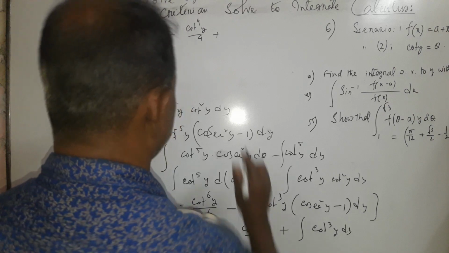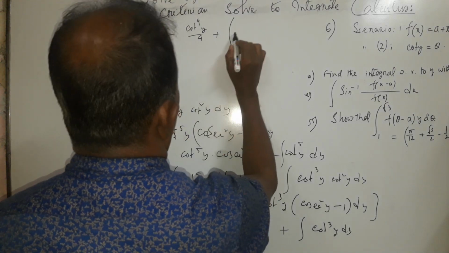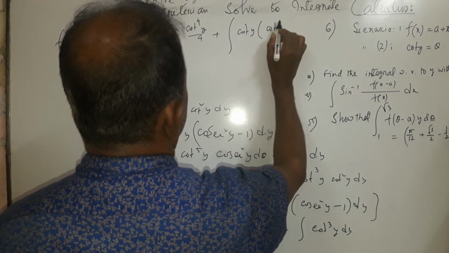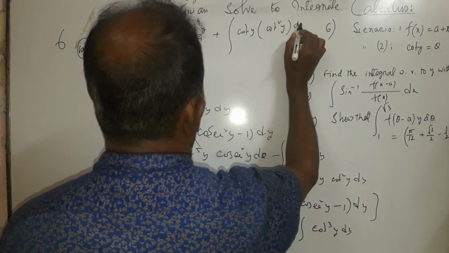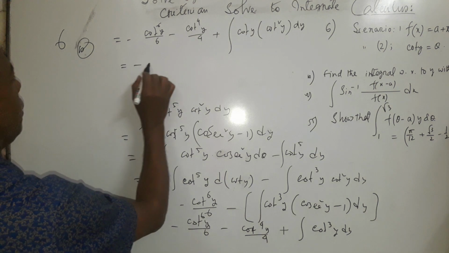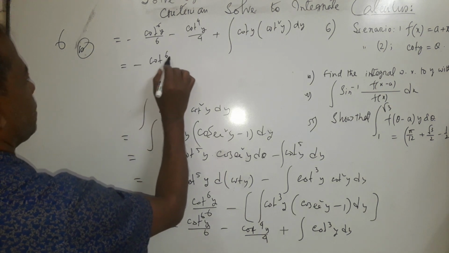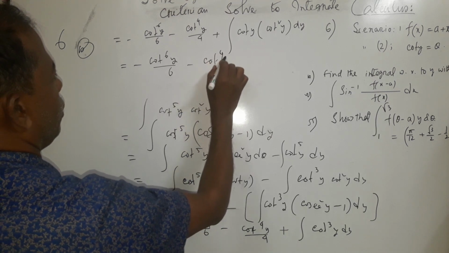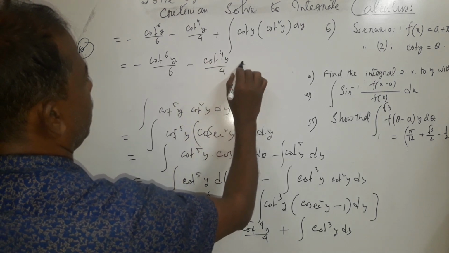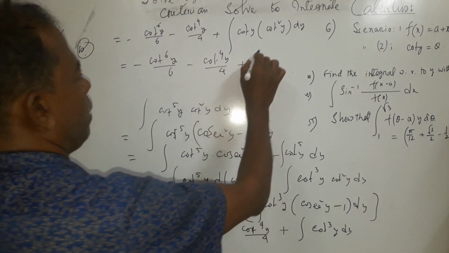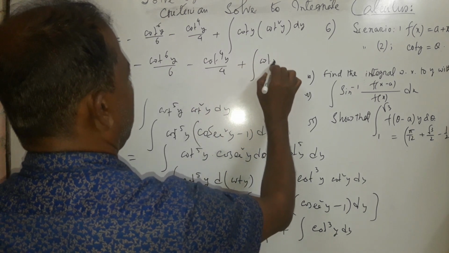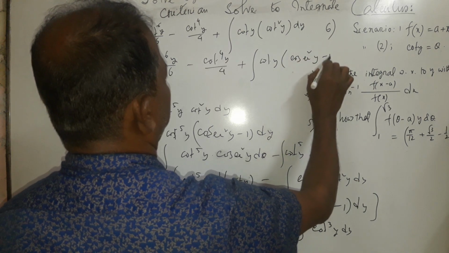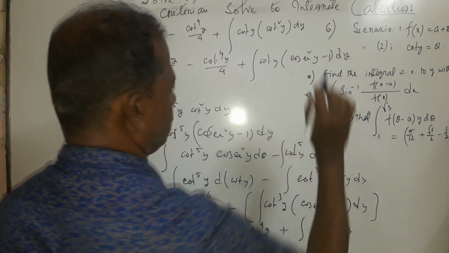Cot cube theta means integration of cot y into cot square y dy, minus cot 6y divided by 6 minus cot 4y divided by 4 plus cot y into cosec square y minus 1 into dy.